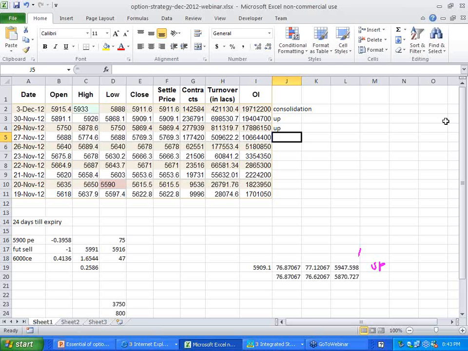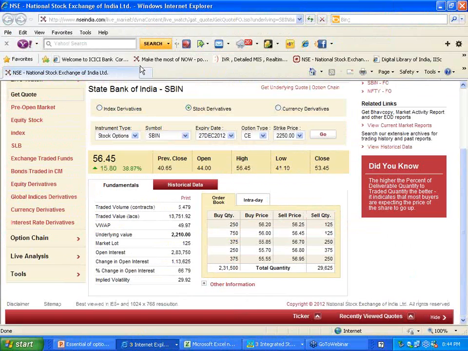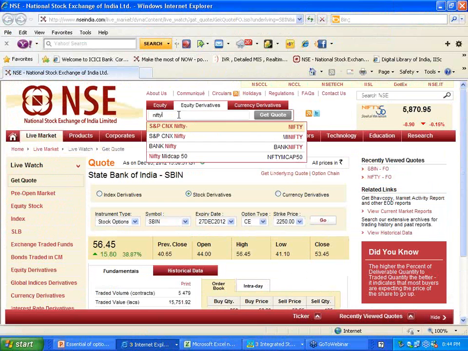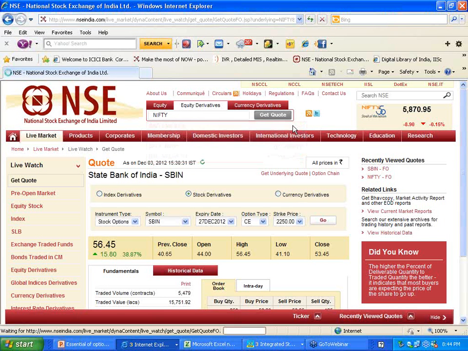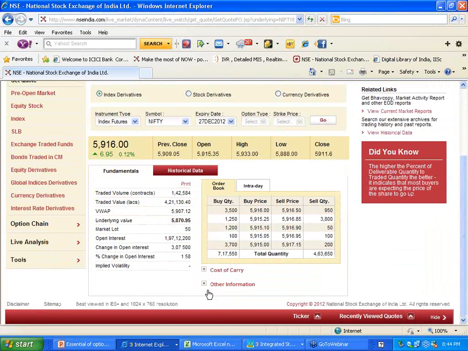Let me go for the volatility condition. So for volatility, much work I will not do. I'll just look at the Nifty's volatility here. So from the NSE site, I'll just take some reference for the Nifty.